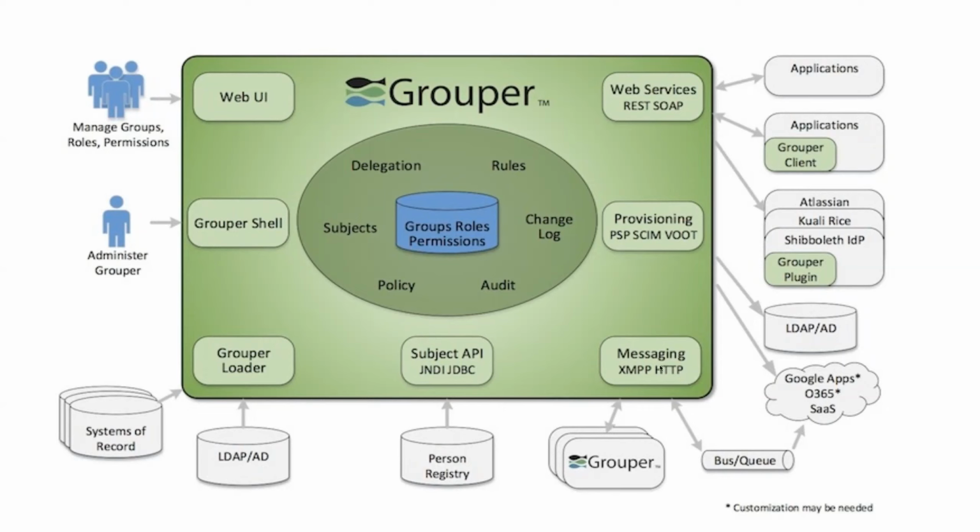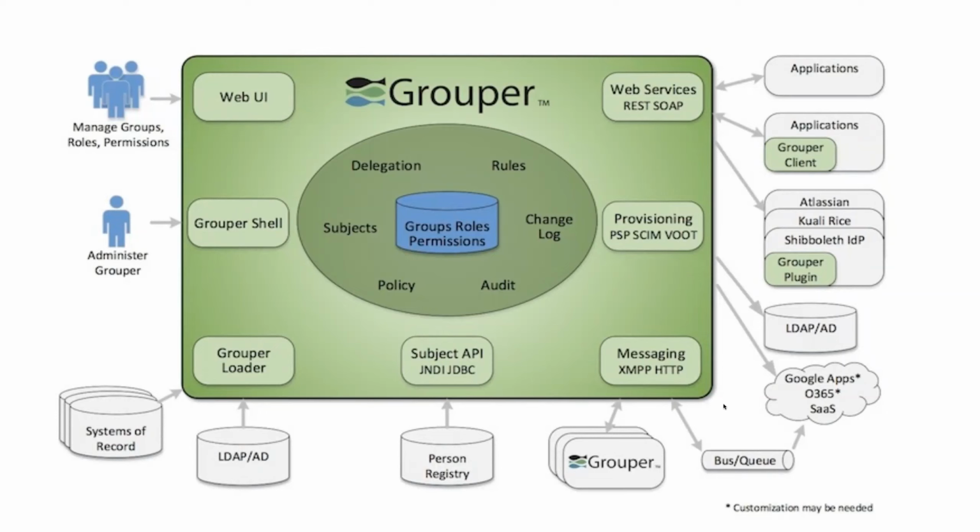Also, Grouper can write to a message bus and read from a message bus as well. This is the way we are actually doing it at CU Boulder. We're provisioning all that group information and membership information. We write it to a message queue, and then we have a consumer that sits here and interprets all that information and writes it to AD. But Grouper can also read from a message queue.